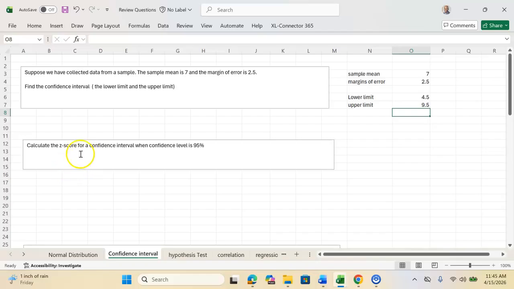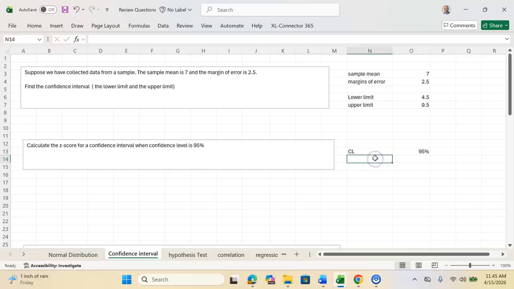Now let's look at the second question, which says calculate the z-score for a confidence interval when the confidence level is 95. So in this case, we know that our confidence level is 95%.